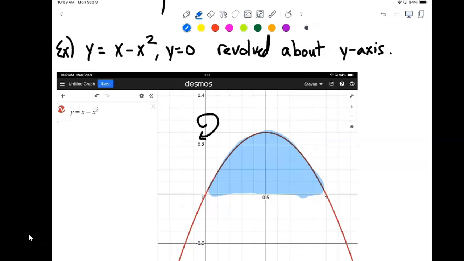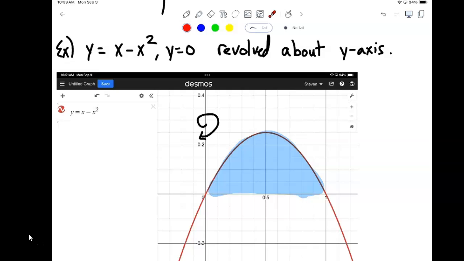This is going to be a parabola shaped donut that's kind of flat on the one end, and it comes down to a point inside the middle of the donut where it has like a little cone inside the donut there. So kind of a neat little shape that we end up getting here.